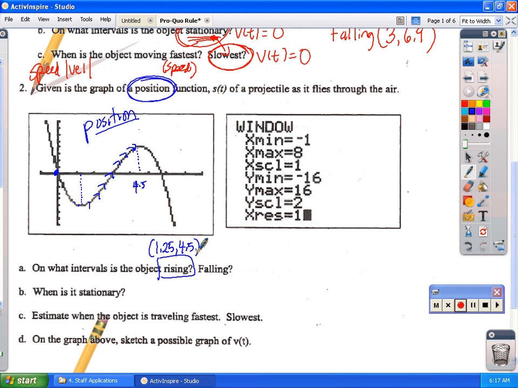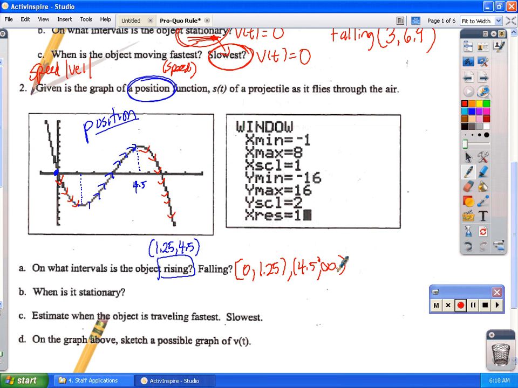And then on a position graph, when the graph goes down, the particle is falling. So down, down, down, decreasing, decreasing, decreasing, decreasing. So the particle is falling from about 0 to 1.25, and then again from 4.5 to infinity.